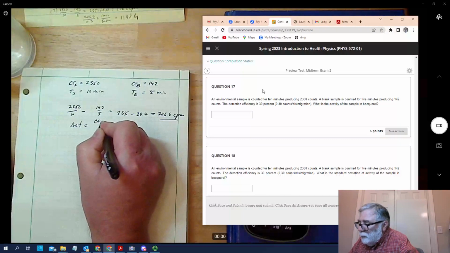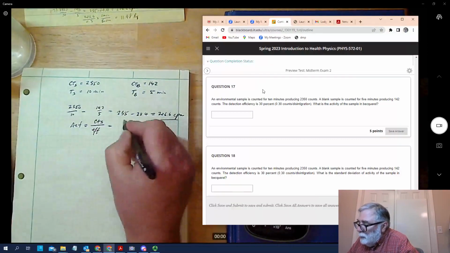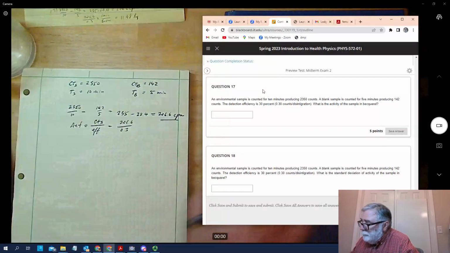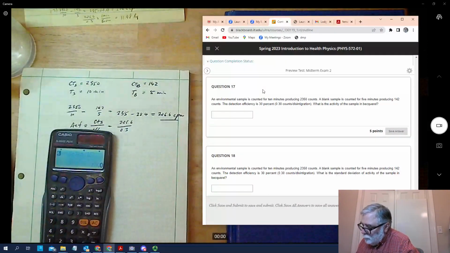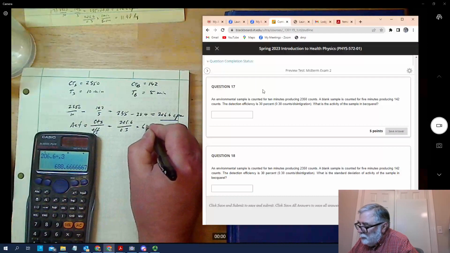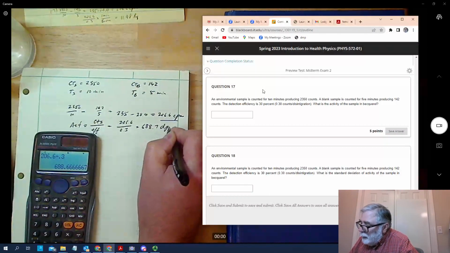It's counts divided by the efficiency. 206.6 divided by 0.3 is 688.7 dpm.